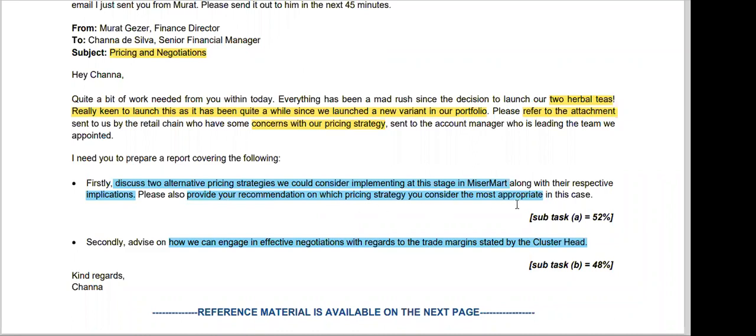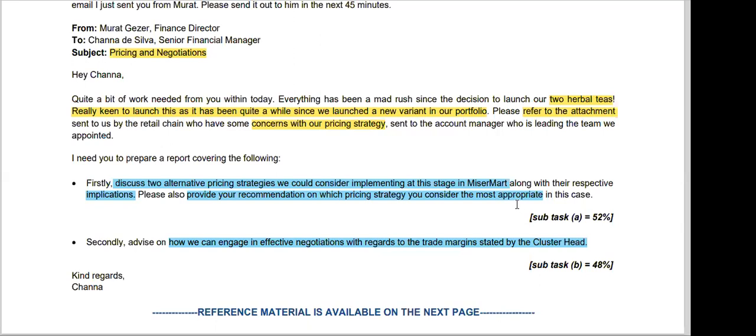Okay, so this requirement carries 3 tasks to be precise. Task number 1 is you are supposed to highlight 2 alternative pricing strategies. Okay, then task number 2 is you need to talk about the implications of adopting either of the pricing strategies. That's the second part. And the third part is about recommending the most suitable pricing strategy.